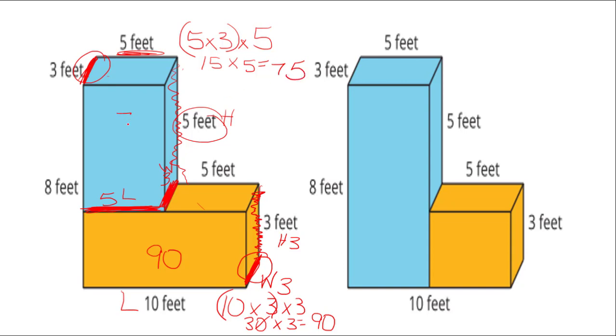So this volume would be 75. Now we're going to add those together. 75 plus 90, 165 would be my total volume.